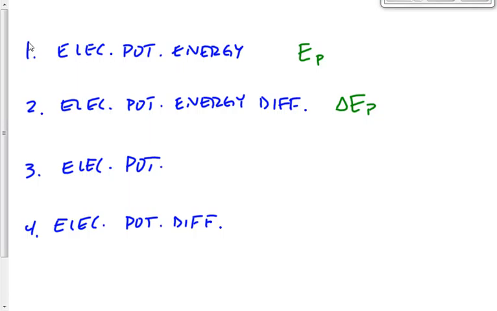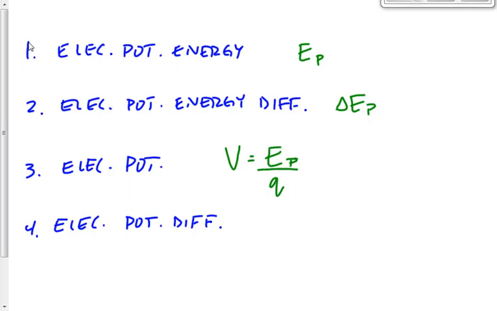What's the symbol for electric potential? V. The symbol is a capital V, and the equation for electric potential, if we think back to the way we defined it, it's the energy, the potential energy per unit charge. The 300 calories divided by the 2 people.